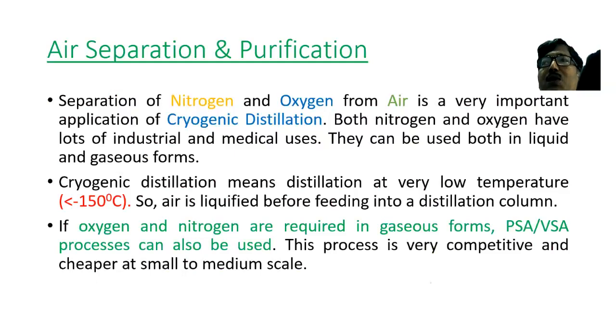They can be used both in liquid and gaseous forms. And as I already mentioned, cryogenic distillation means distillation at very low temperature, that is below minus 150 degrees Celsius. So air is liquefied before feeding into the distillation column.